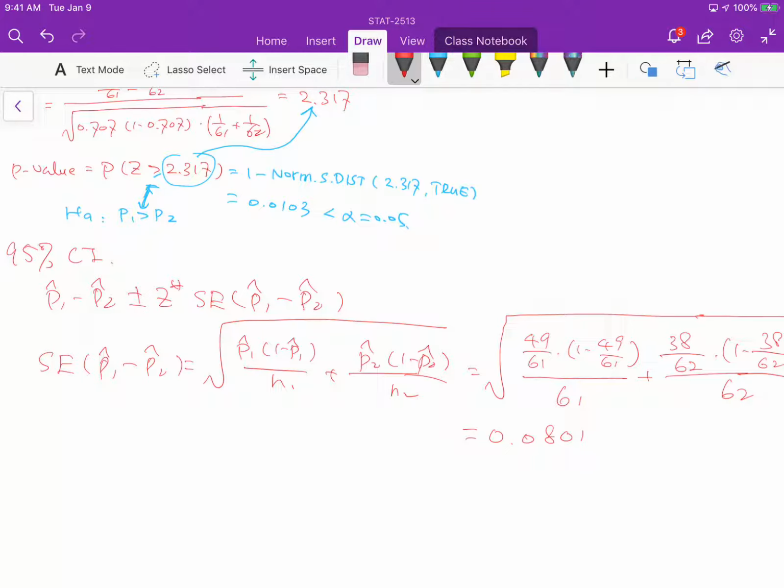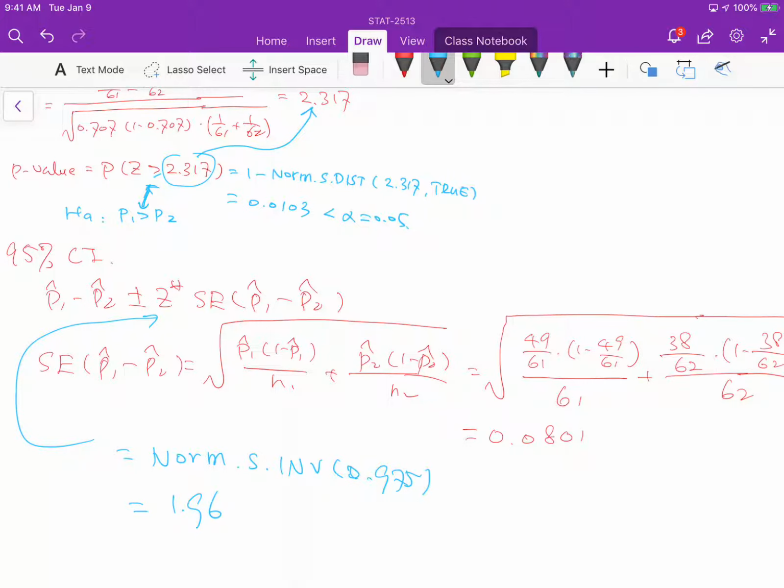Next, the critical value you get from Excel: NORM.S.INV of 0.975, and you will see this is 1.96.